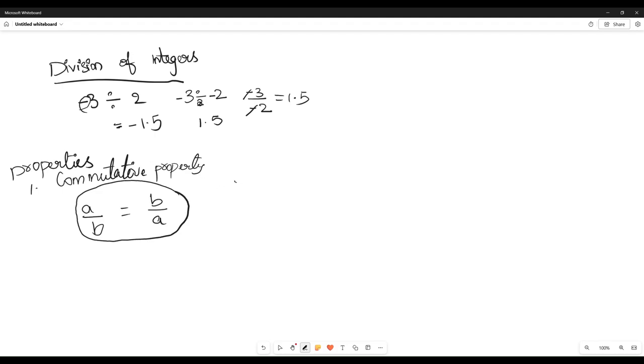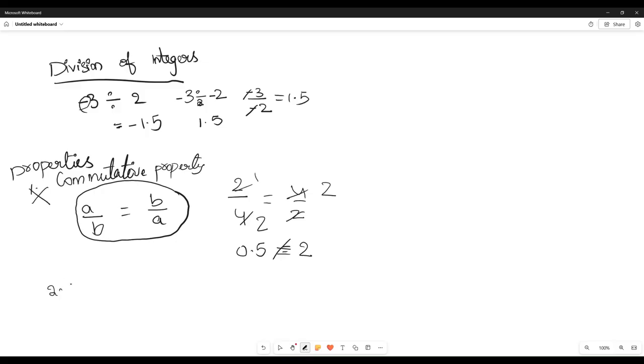Let's see. 2 by 4 equals 4 by 2, which is 1 by 2 equals 2, meaning 0.5 is equal to 2? No. So there is no commutative property.